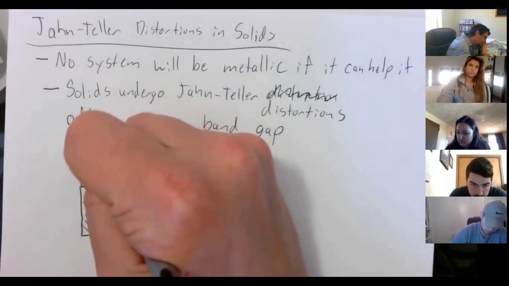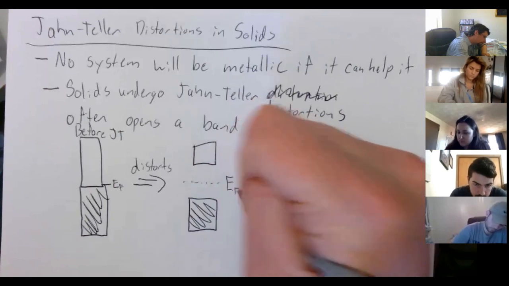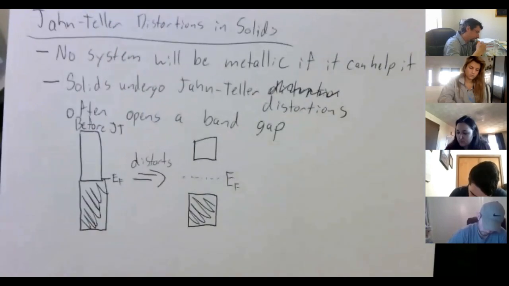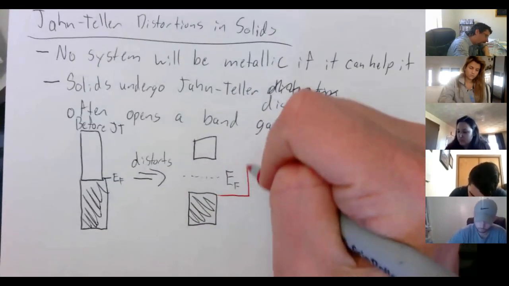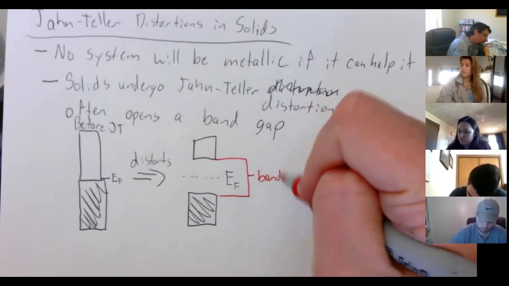Forgot EF. And now there's a band gap here. When the valence and the conduction band no longer touch, that's called a band gap.